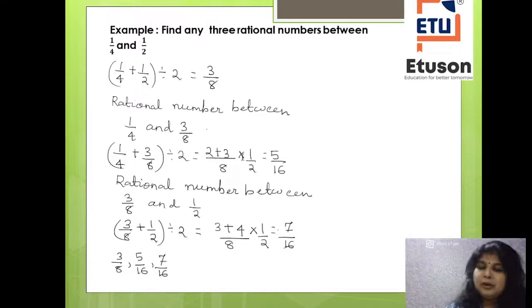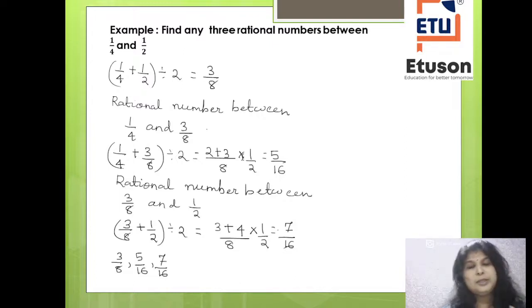So I hope this concept of finding rational numbers in both ways is clear. फर्स्ट मेथड में क्या किए तुमने, डिनोमिनेटर को सेम कर लिया, either 10 कर लिया कि 100 कर लिया कि LCM लेके like fraction कर लिया, और in between न्यूमरेटर, दोनों न्यूमरेटर का जो डिफरेंस है उसके बीच में जो वैल्यूज आ जाएंगी उसको सिक्वेंसली लेके तुमने रेशनल नंबर बना लिया। वो एक अलग मेथड। इस मेथड में तुमने average निकाला.